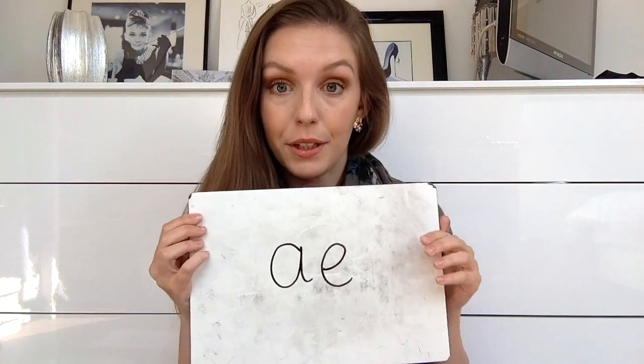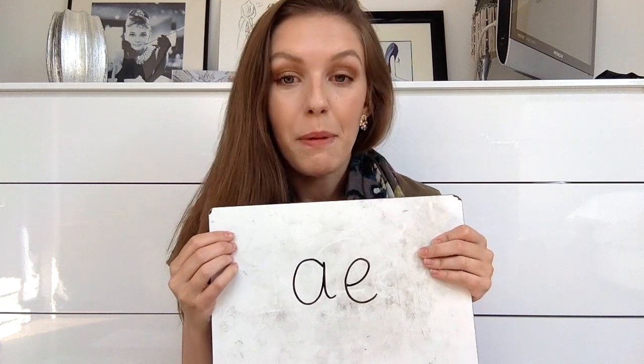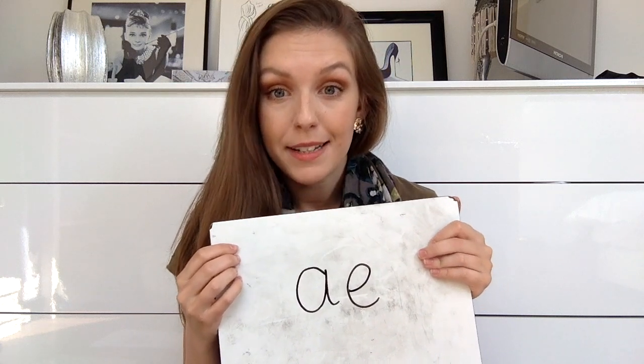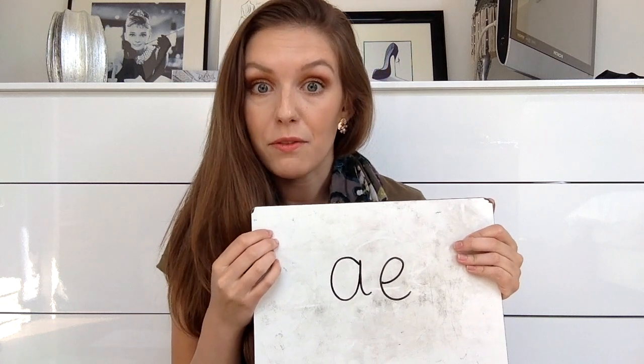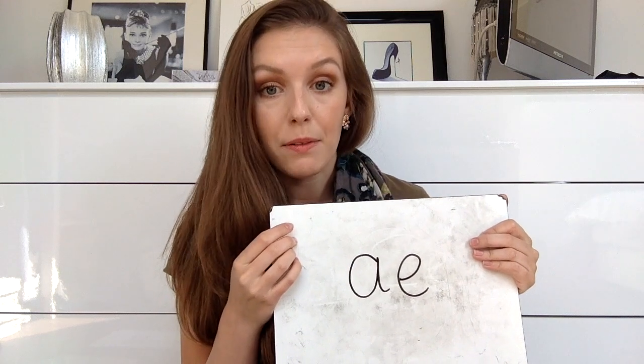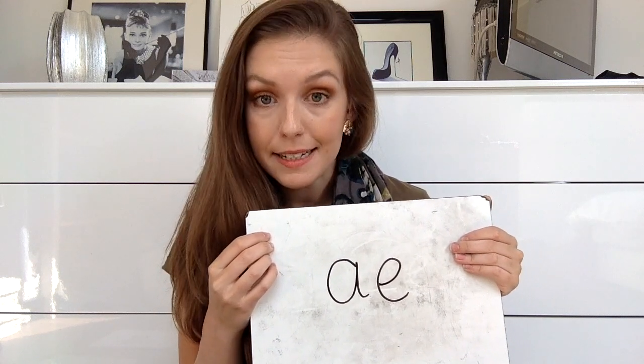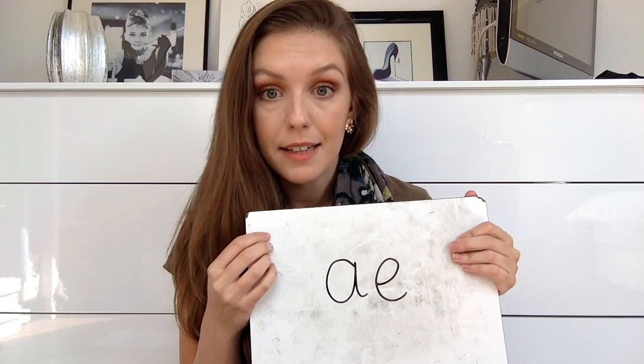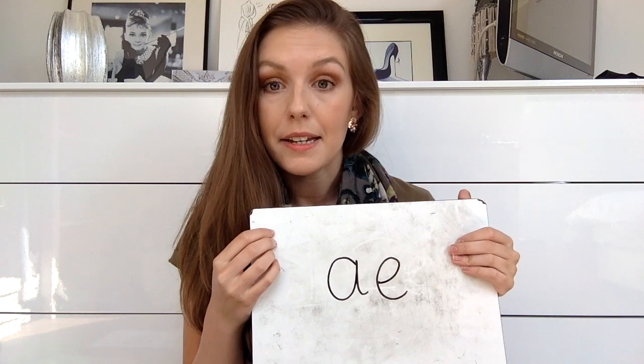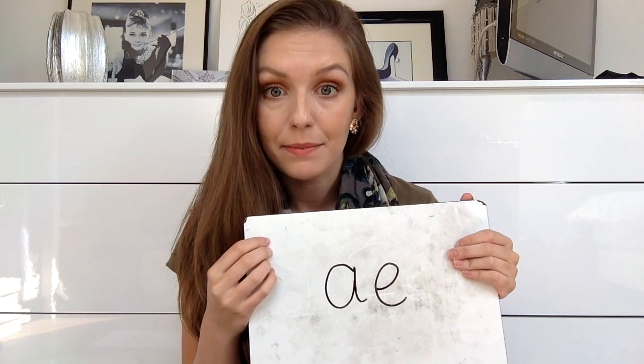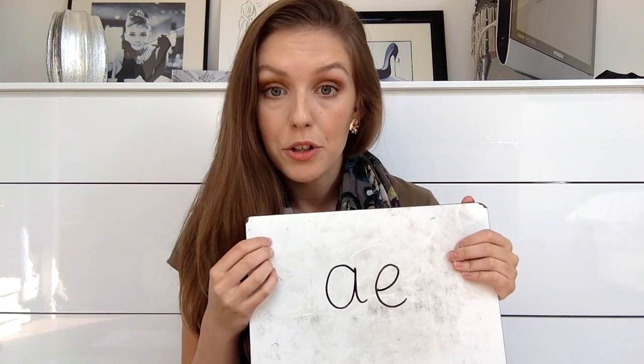Okay, so A and E used to sit next to each other, but they got very, very chatty, and their teacher started to get really fed up. She gave them one more warning, but they didn't listen, and they still kept chatting together and being too noisy. And their teacher went, right, A and E, I'm going to split you apart.